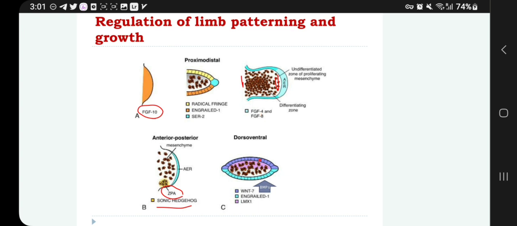And the ventral and dorsal surface of the upper limb and the lower limb depend on some genes like bone morphogenetic protein. You can see it in the dorsal surface, and when we have bone morphogenetic protein here, another gene like WNT7 is expressed in the ventral. Okay.